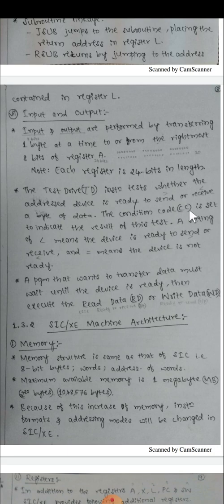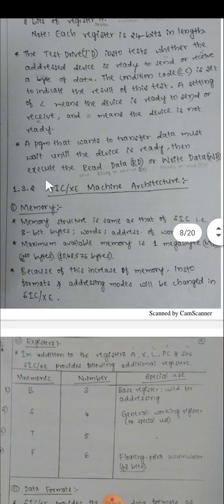And the condition code is set to indicate the result of this test, and the setting of less than means that the device is ready to send or receive, and if the symbol is equal, or CC value is equal, it means that the device is not ready. And a program that wants to transfer the data must wait until the device is ready, then execute the read data or write data.